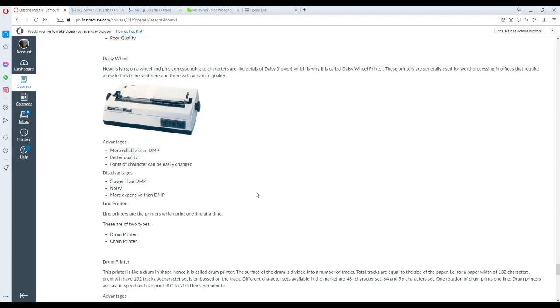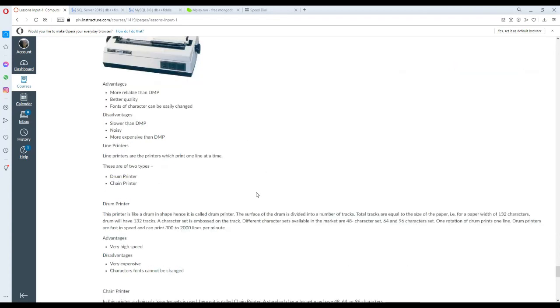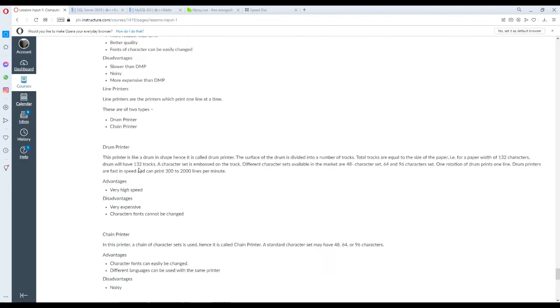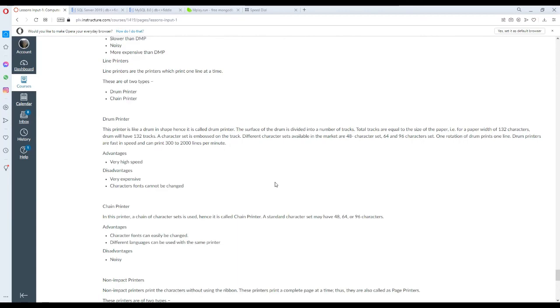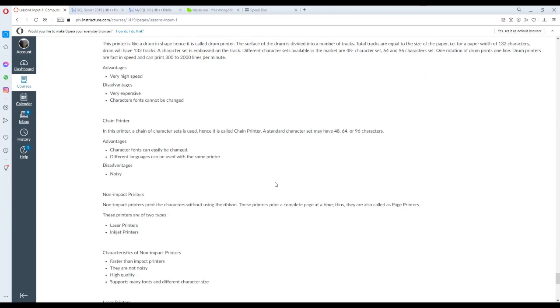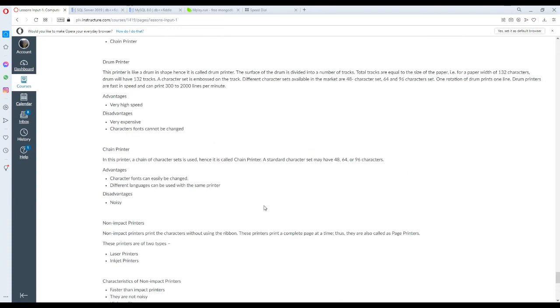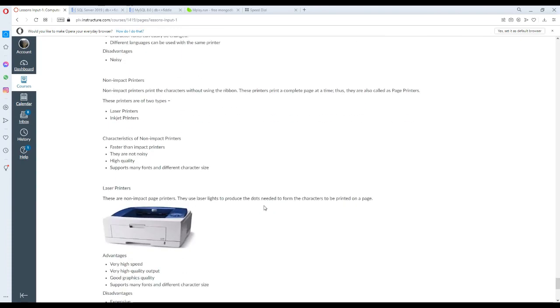A daisy wheel printer, and just read on it. I have not seen a daisy wheel printer. A line printer, also I have not seen line printers and drum printers. If I'm not mistaken, they are not used anymore, as well as chain printers. We also have non-impact printers, which are lasers and inkjet.